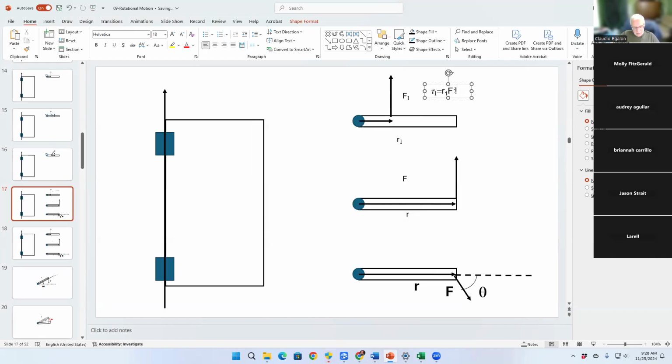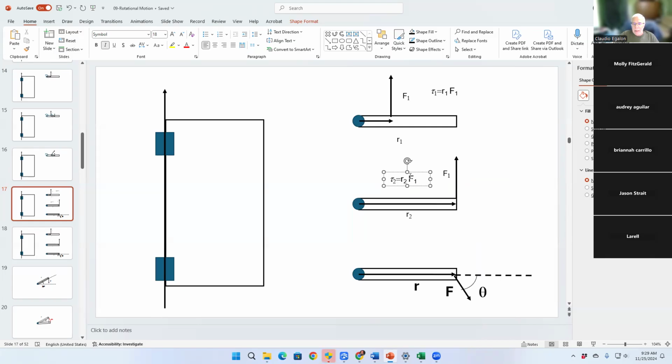Since angle theta is 90 degrees, we do not have the sine there, right? Here we also have F1 because the force didn't change direction nor magnitude. But instead of R1, we're going to have R2 here. And consequently, we are going to have a different value for the torque: R2 F1, torque number 2.